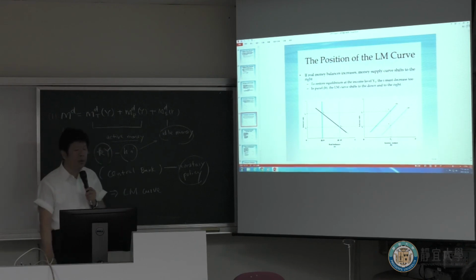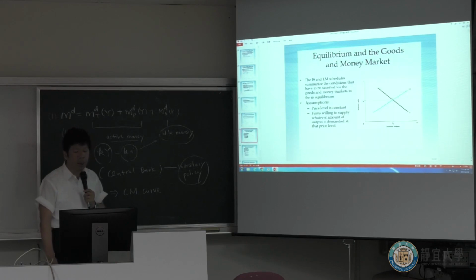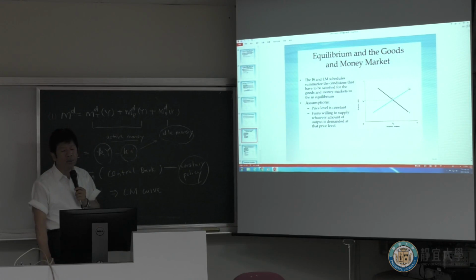After that, we can combine the IS curve and the LM curve. The IS curve represents the goods market, and the LM curve represents the money market. Together, you can see the equilibrium interest rate and the equilibrium income or output.